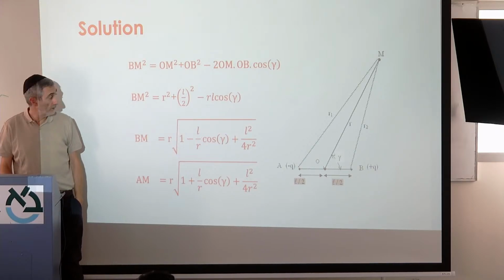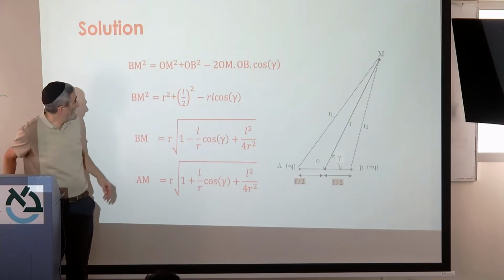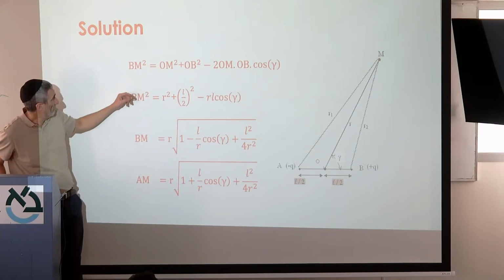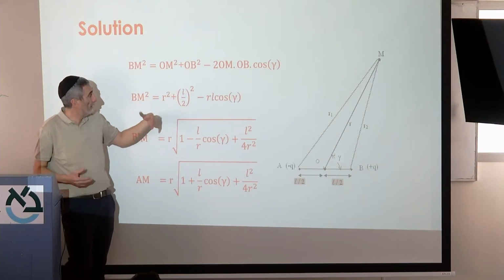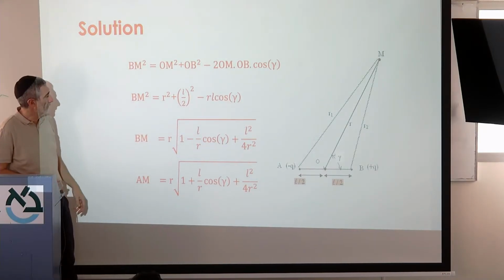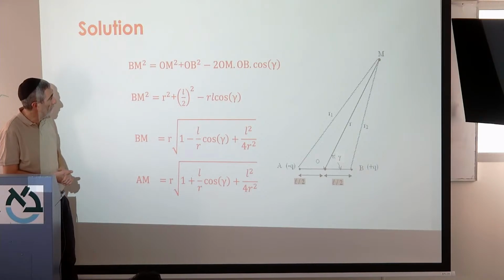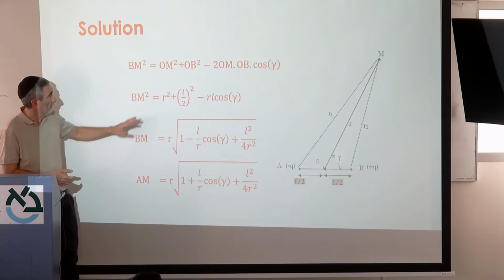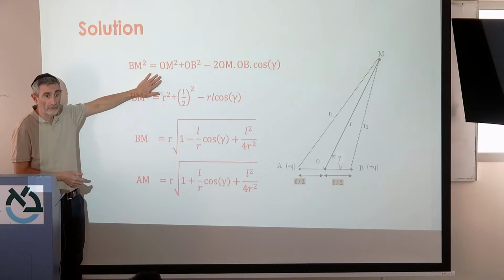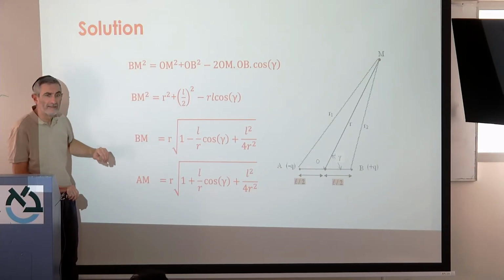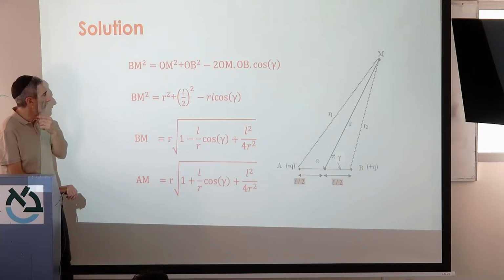So you can calculate BM and AM. BM square is given by the general formula. This is the Pythagorean formula, but generalized for any triangle. If you remember this expression, the law of cosines.